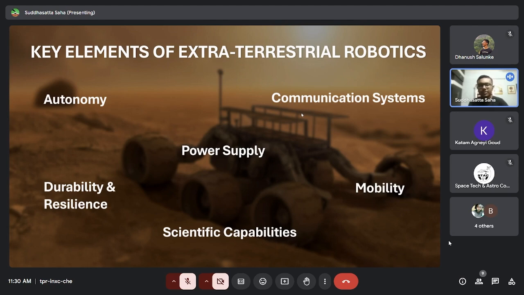So I would like to say that durability and sustainability and resilience in case of rovers is something extremely important, and it concerns the material selection as well, because the type of materials a person chooses for making a rover more durable will actually have a long term impact on the overall mission, because these missions are not cheap.